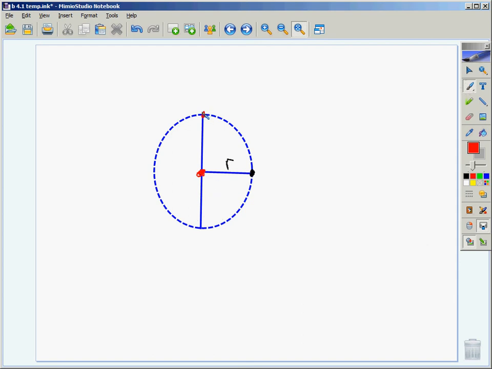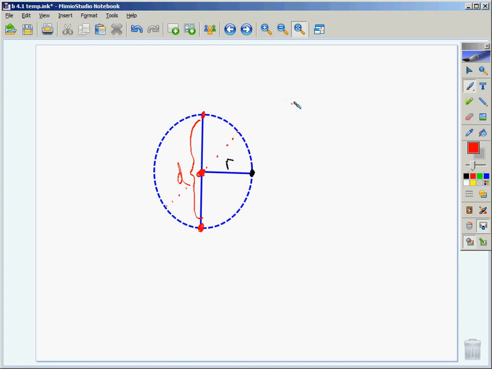So from here to here, this is a what? This is a diameter. No matter where I draw a diameter in, would it change in length? No. No matter where I draw a radius in, would it change in length? No. All diameters in a circle are equal. All radii in a circle are equal. So it doesn't matter where they're drawn in.